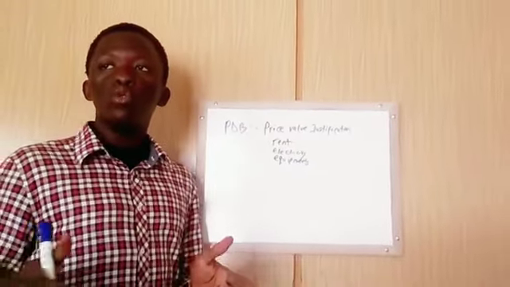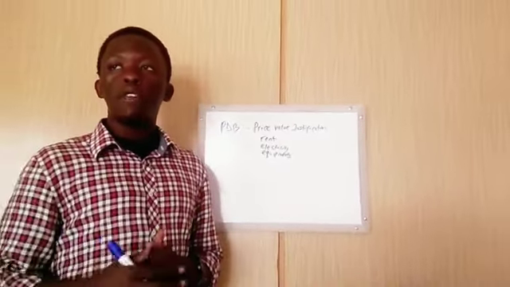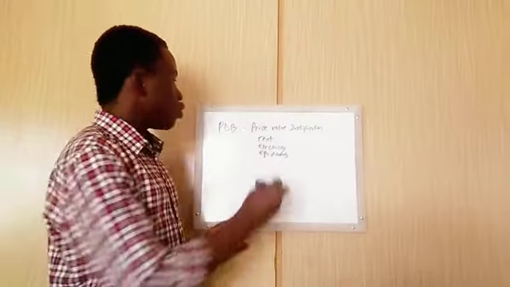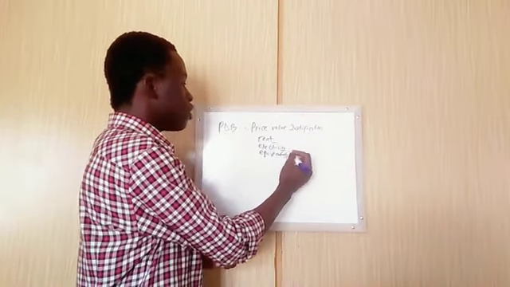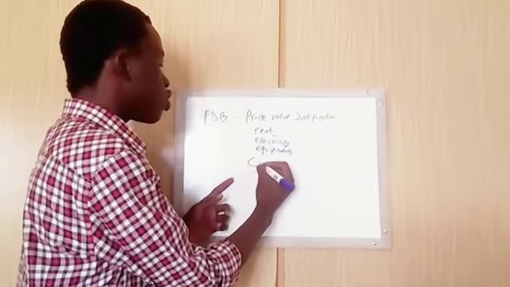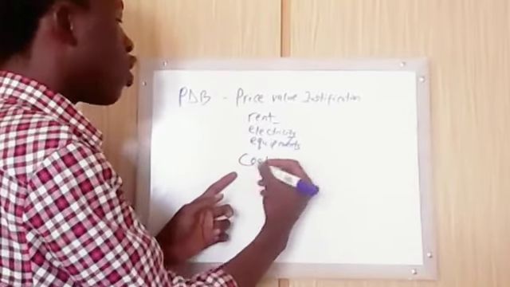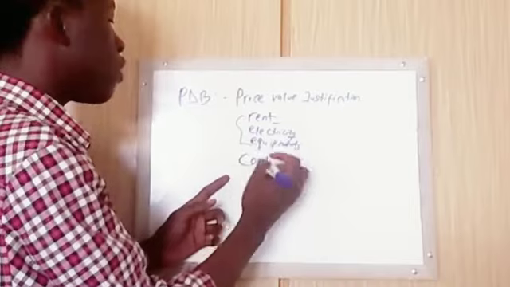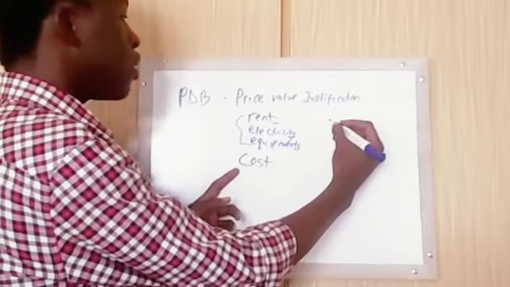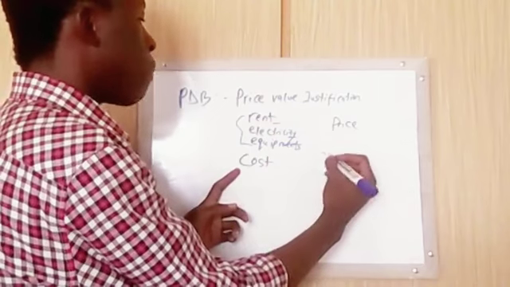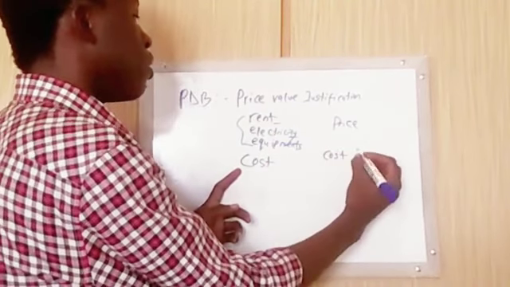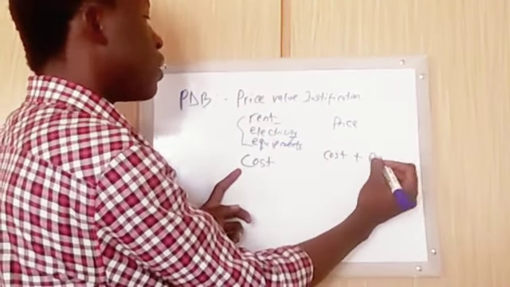Those are the tools you use to deliver your service, to create your product. So what you have to do here now is combine the cost of the product, which are all these, the cost plus the price. The price means the cost plus profits.